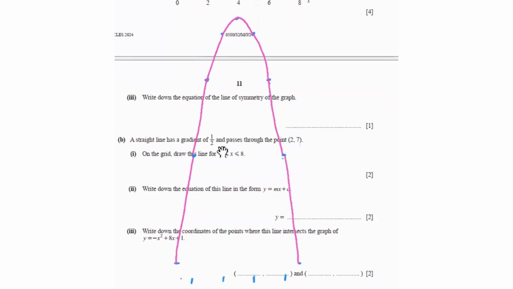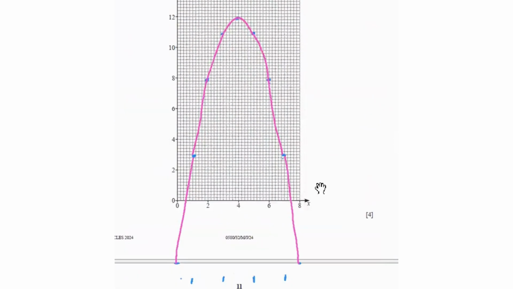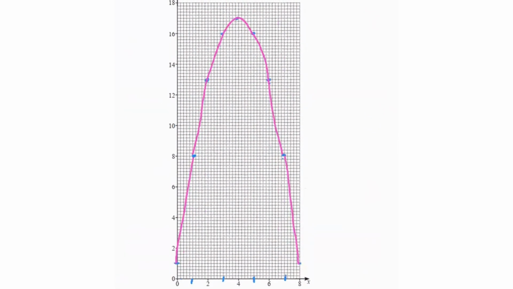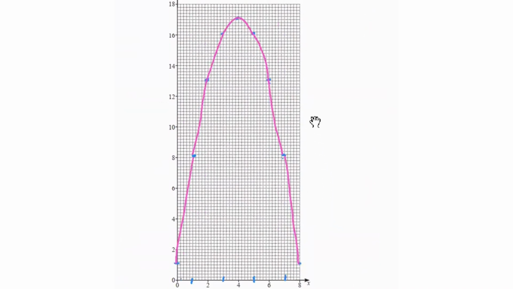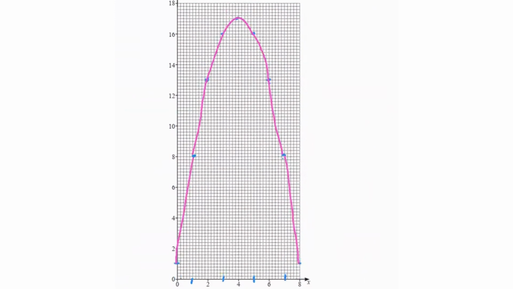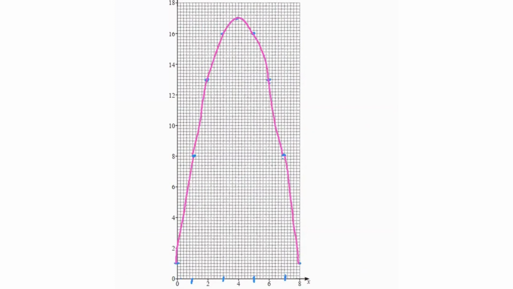A straight line has a gradient of 1 over 2 and passes through the point (2, 7). So we have to draw the line for that. I'm going to use the point-slope form. y minus 7 equals 1 over 2 times x minus 2.